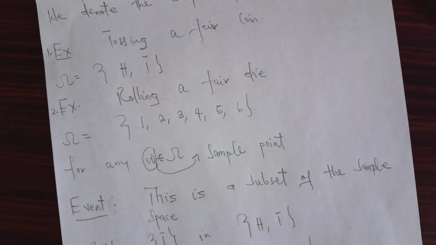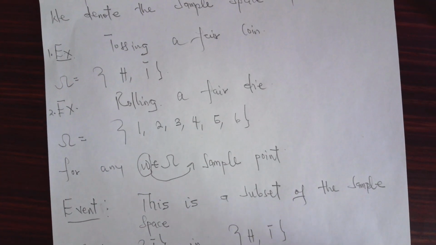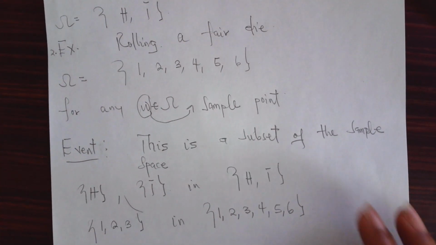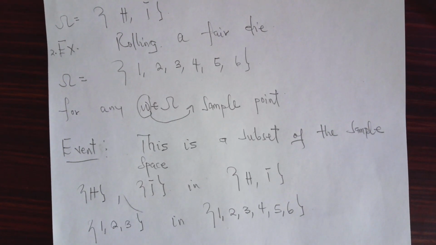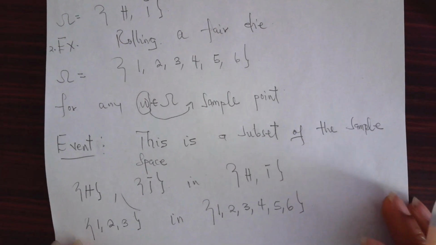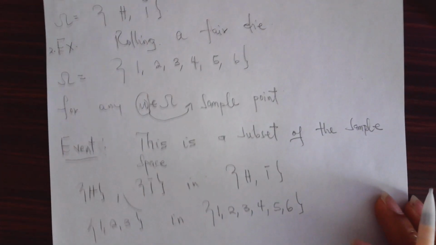If you pick the set of head and the set of tail, then we have an event in this sample space. In the second example, we roll a fair die, and we have the sample space 1 through 6. The event could be the set of 1, the set of 2, the set of 3, or the set 1, 2, 3. These are some examples of events in the sample space.